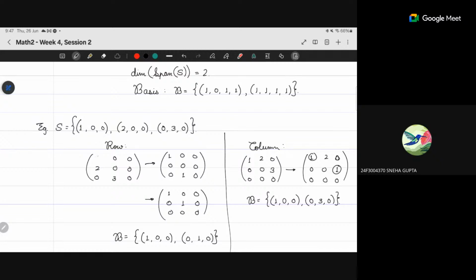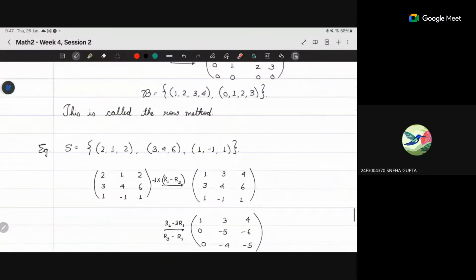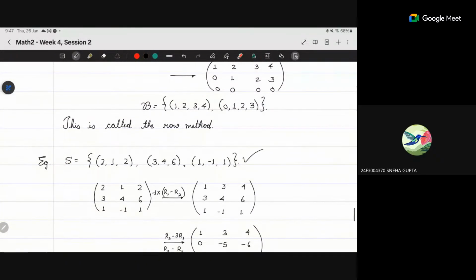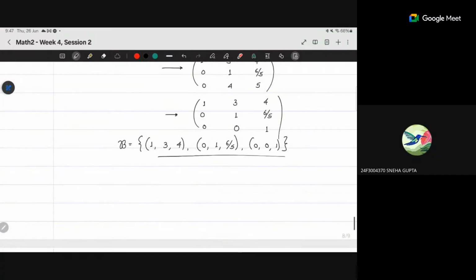So there is no guarantee. Even in the last example that I did, we started out with the set 2, 1, 2, 3, 4, 6, 1, minus 1, 1, but the basis that we got comprised entirely different vectors 1, 3, 4, 0, 1, 6, 5, 5, and 0, 0, 1.